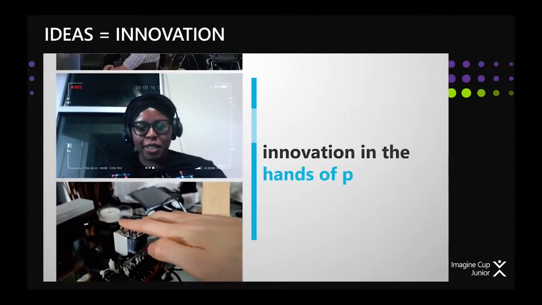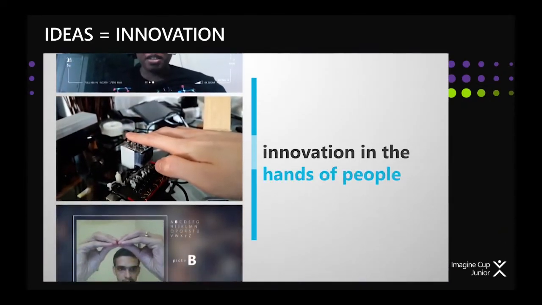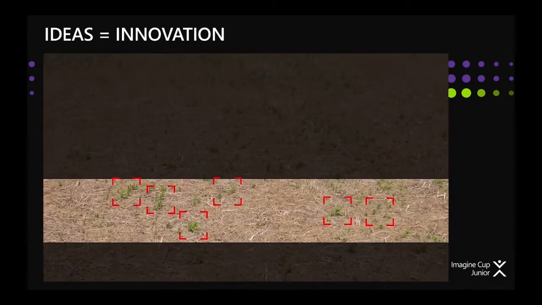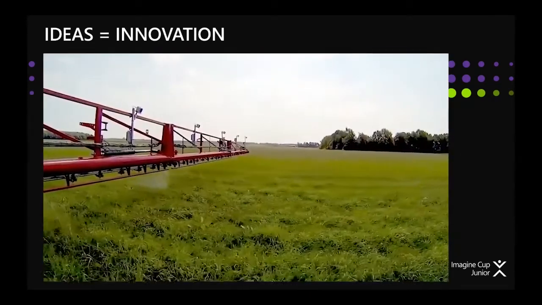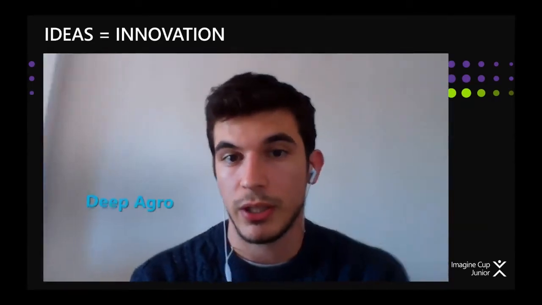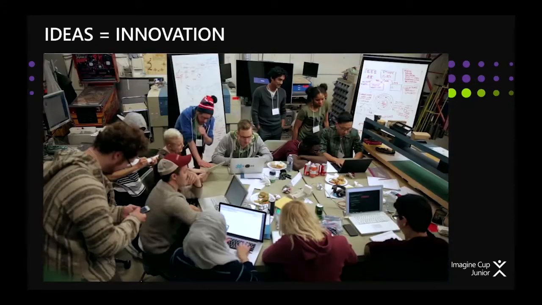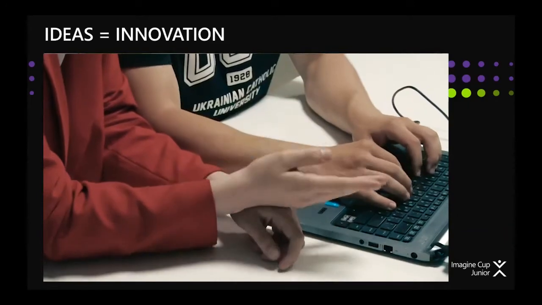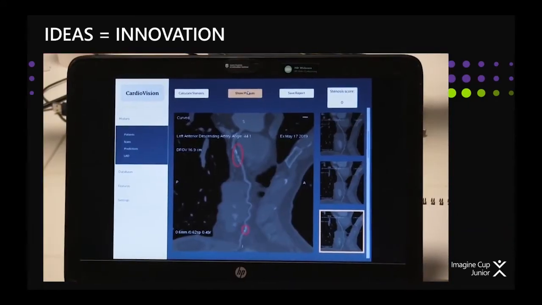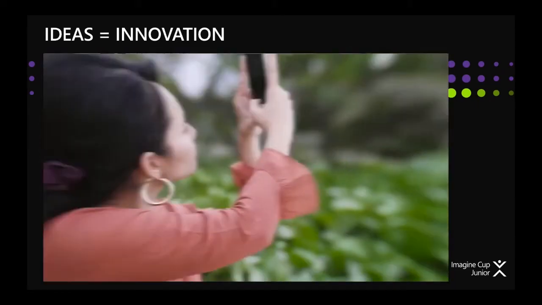Hi, Microsoft AI for Good. Microsoft is putting innovation in the hands of people. With our solution, the farmers can save up to 70% of wheat pillars. We see a need to put AI in the process to empower doctors to analyze more patients. It will help them to detect critical cases much faster and preventing heart attacks.